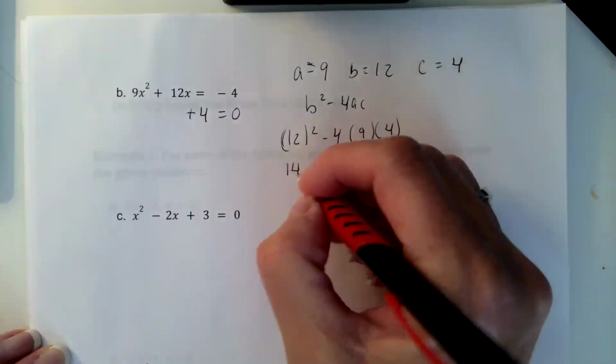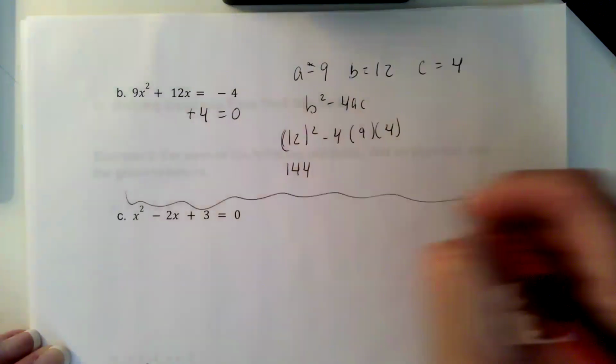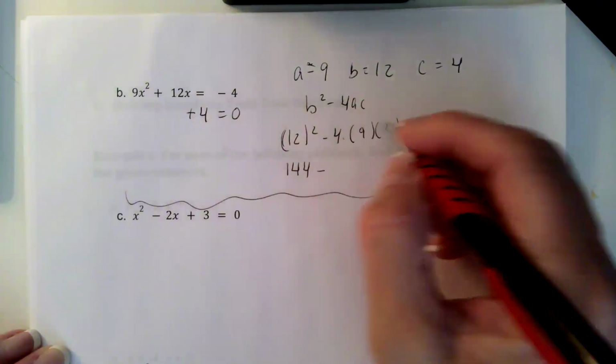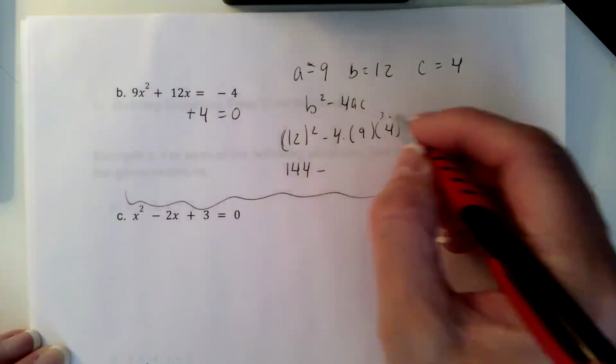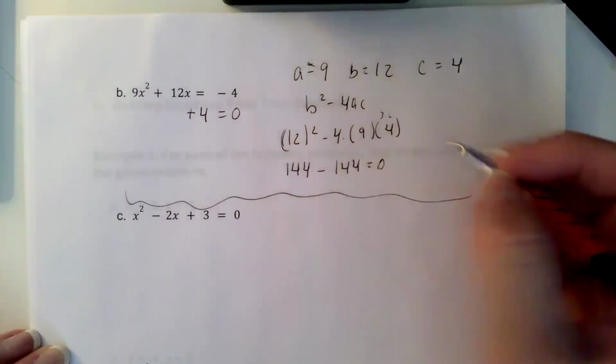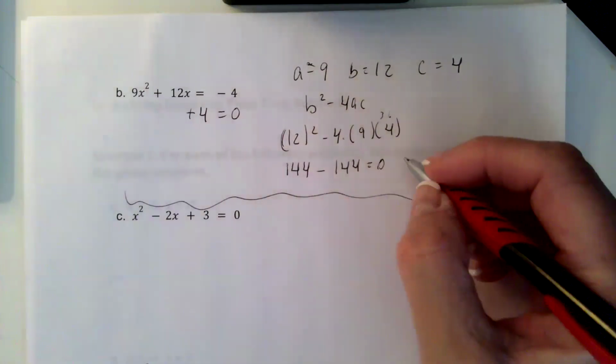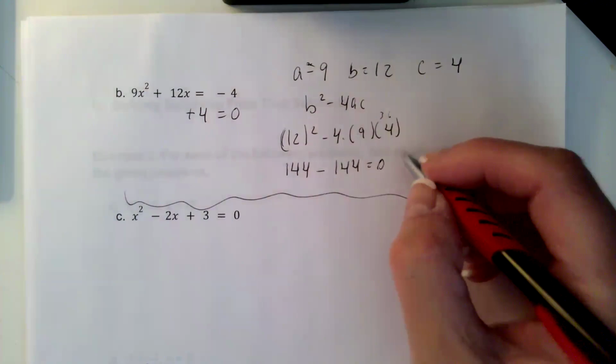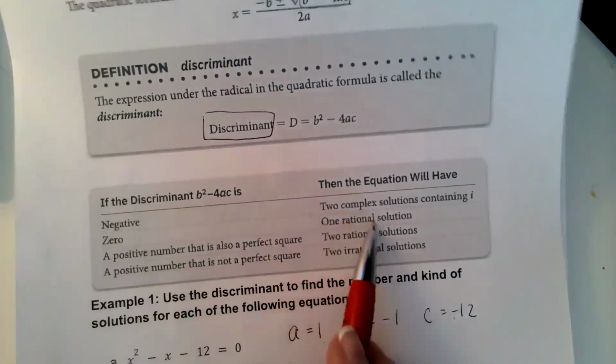So we have 144, subtracting 36 times 4, which is 144. So it's equal to 0. That tells us, because it's equal to 0, we're going to have one rational solution.